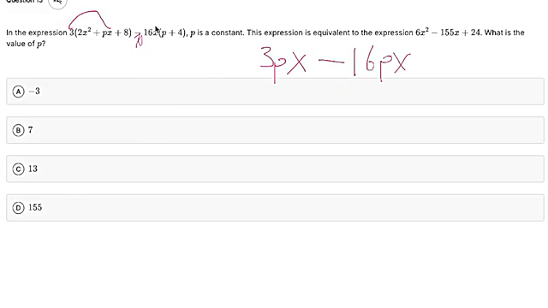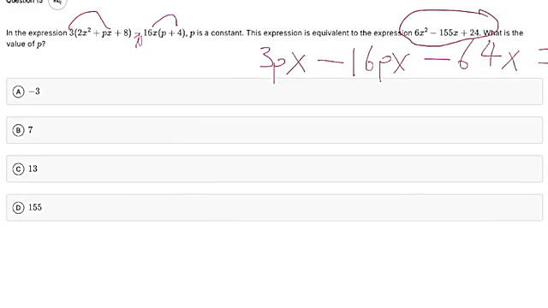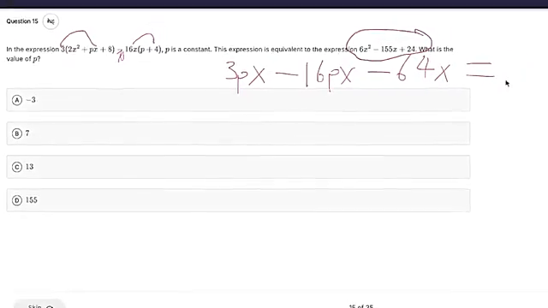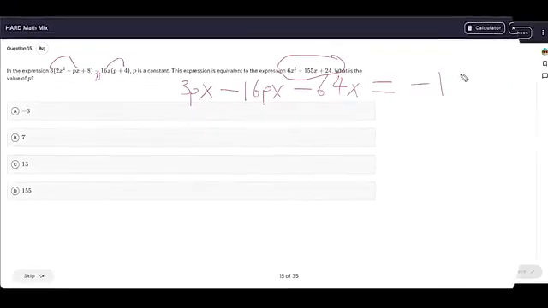So there's going to be one more. When we multiply 16x times 4, it would be minus, what is that, 64? Minus 64x. And all of that is going to be equal to all the x's in the other equation, because it says they're equivalent expressions, right? So that's going to be all equal to negative 155.